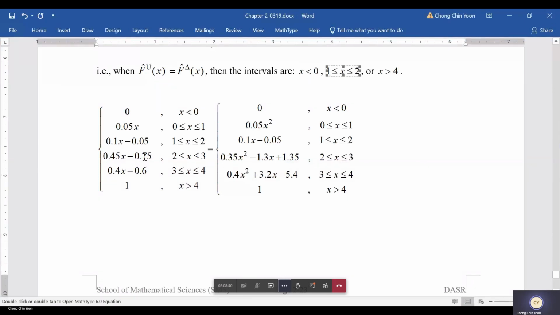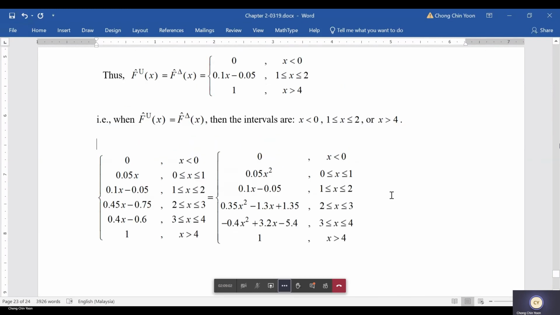The next, no more, but the last one, yes, 1 equals 1. So when this equation is equal, we have three intervals that give equal ranges: x less than 0, 1 to 2, and x greater than 4. This is how we calculate, class.